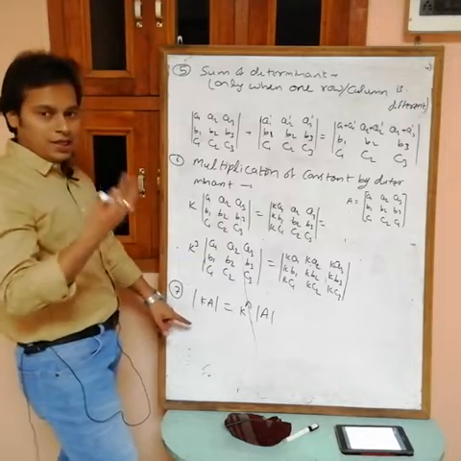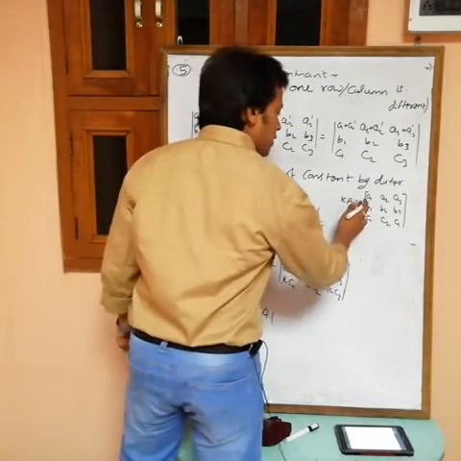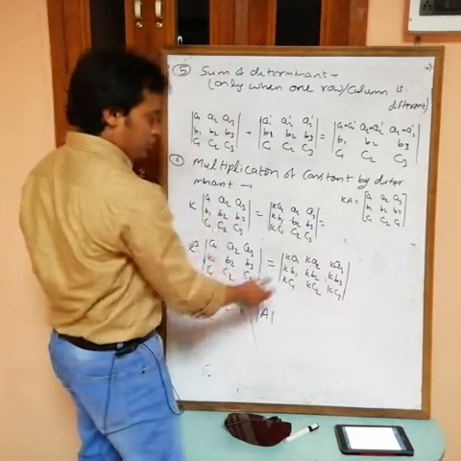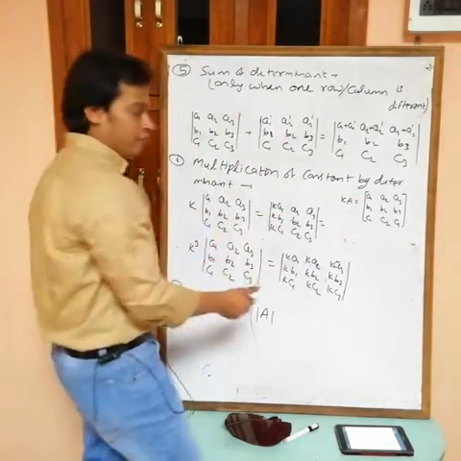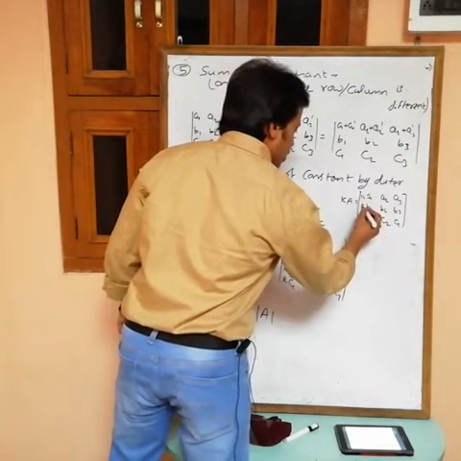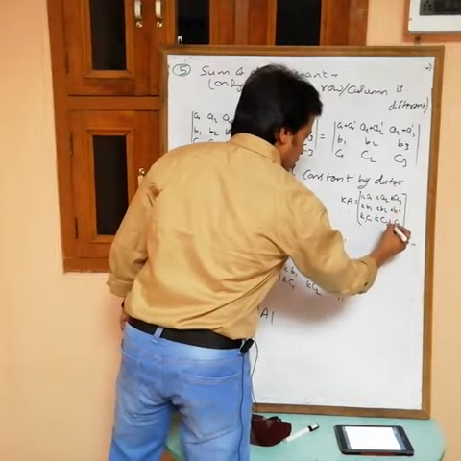Now this is the A. Now kA, we are multiplying with k. If you are multiplying with k, then k is multiplied with every element, because this is a matrix. For a determinant it is any one row or any one column, but for a matrix we have to multiply with every element. So k, k, k, k, k, k, k, k, k.